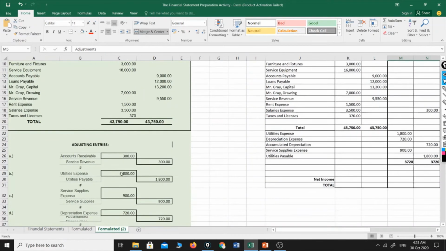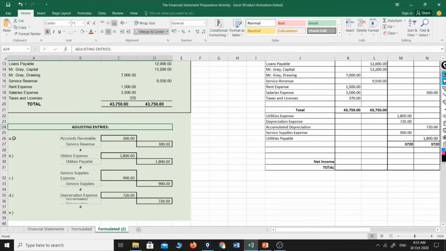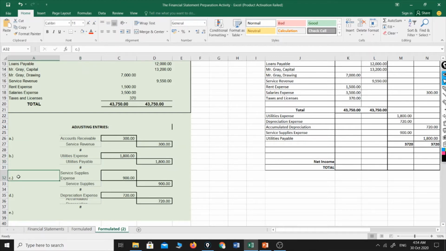So we have here the assumed adjusting entries given. The first adjusting entry is for accounts receivable and service revenue. The second adjusting entry is recognizing the expense and its related liability. The third adjusting entry is where you update your supplies expense and lessen the supplies on hand.